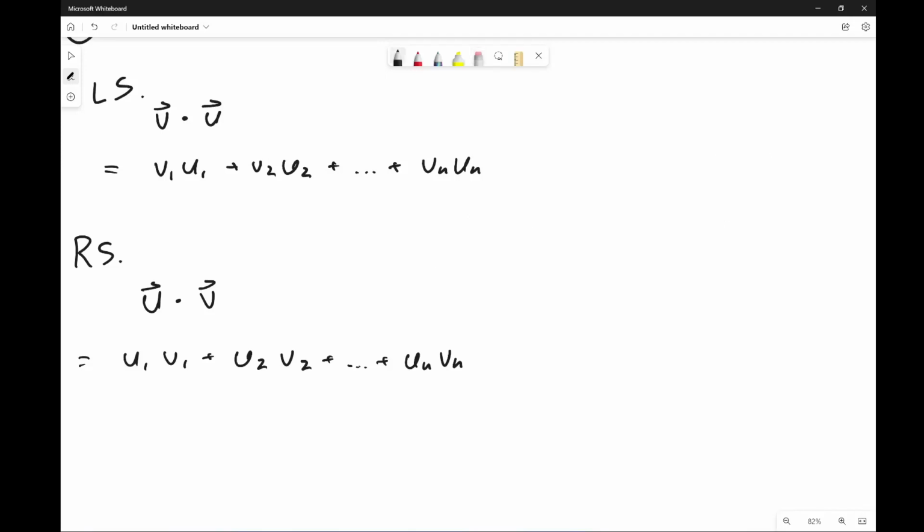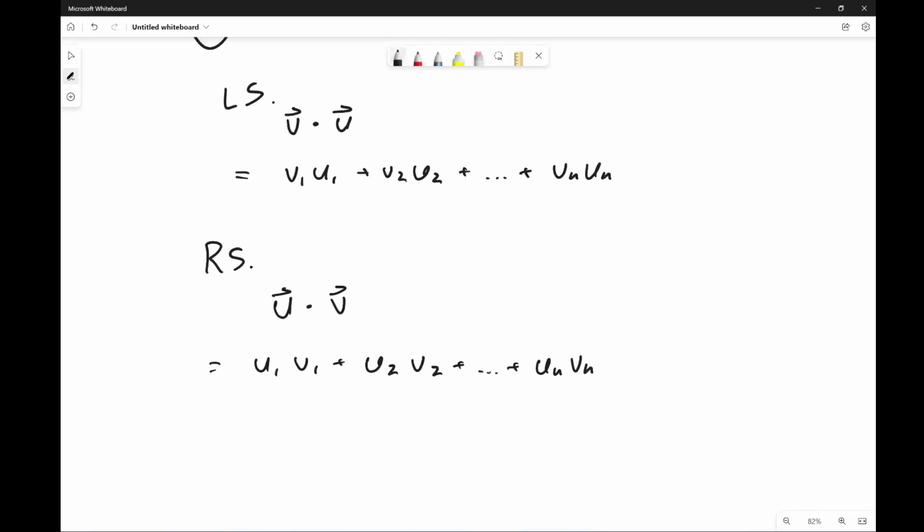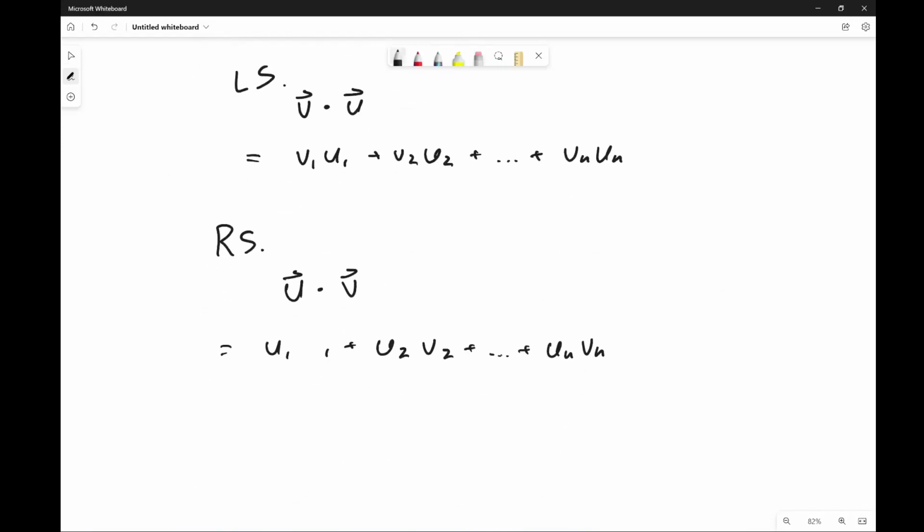So we know that since regular multiplication is commutative and these are just reals, every single one of these pairs is going to be equal, thus making this property hold.